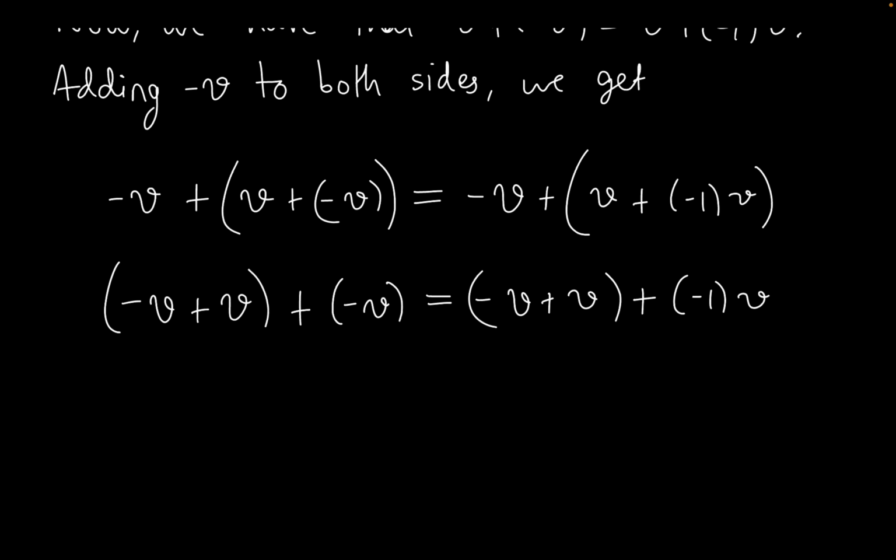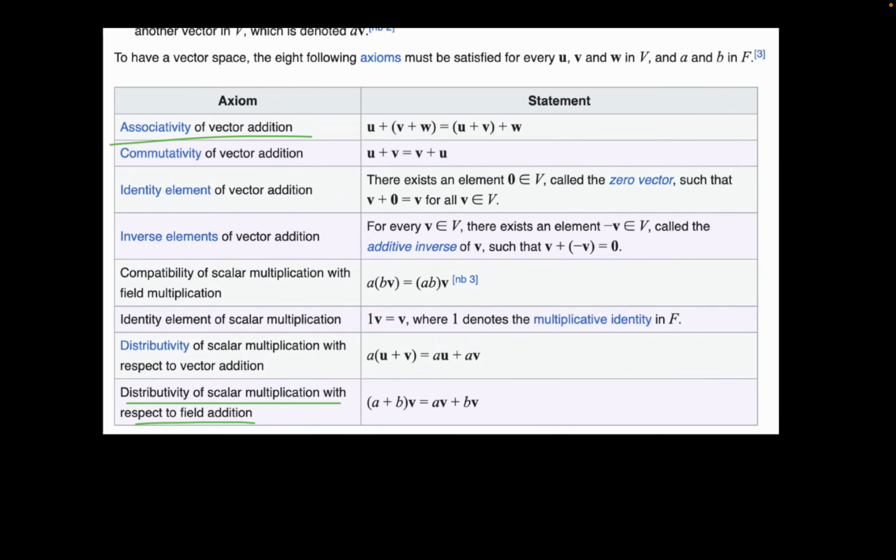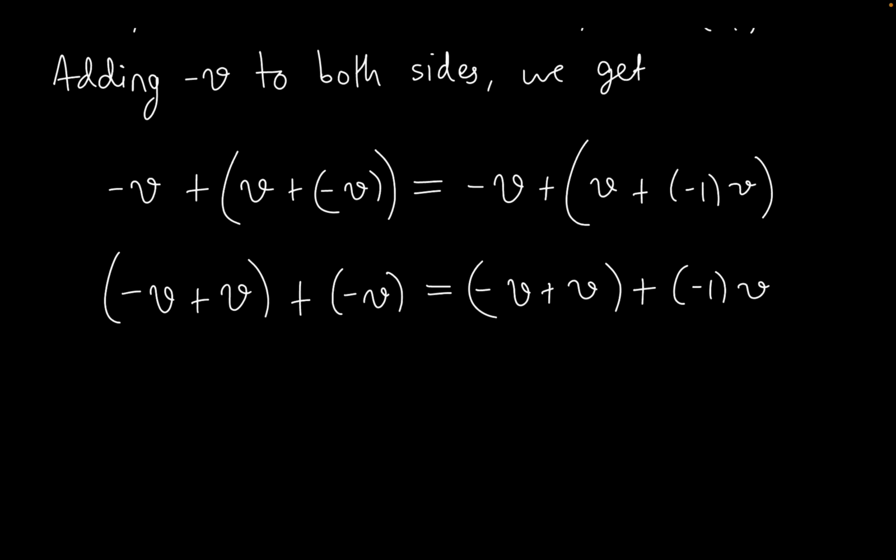By the way, v plus -v is equal to 0, but also -v plus v is equal to 0 because addition is commutative over the vector space. This is an axiom, by the way, commutative vector addition. So that's cool. We have 0 plus the additive inverse of v, which is -v, is equal to 0 plus -1v.